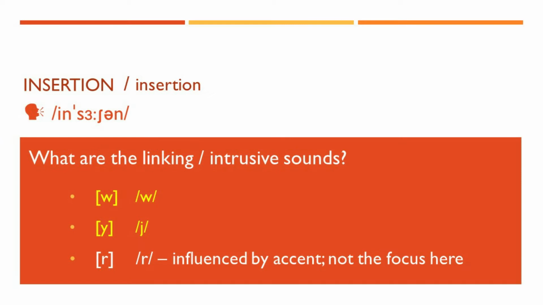And here I have represented the W sound and Y sound, not only with the letters that usually carry that sound, but with their symbolic sound representations, or in other words, the phonemic script that is used in the International Phonetic Alphabet.